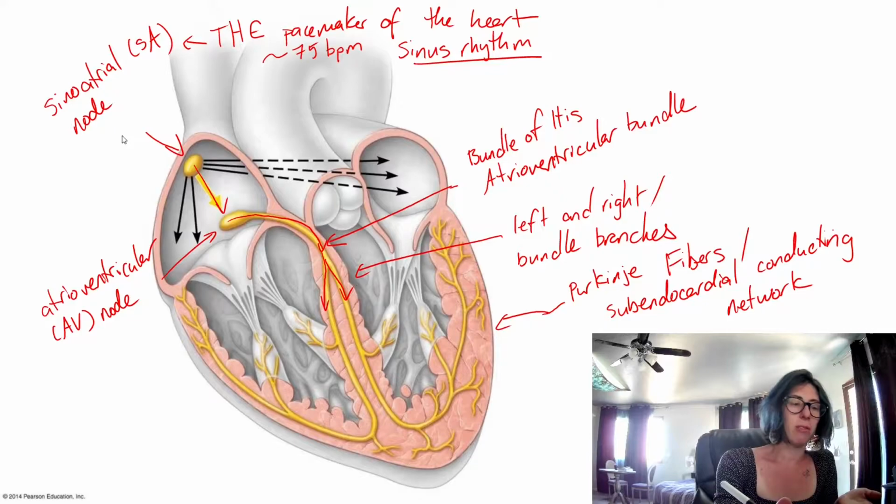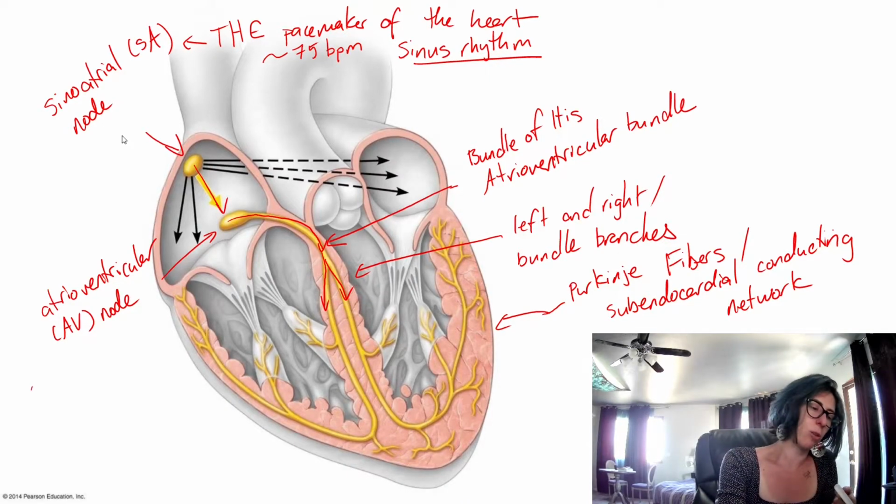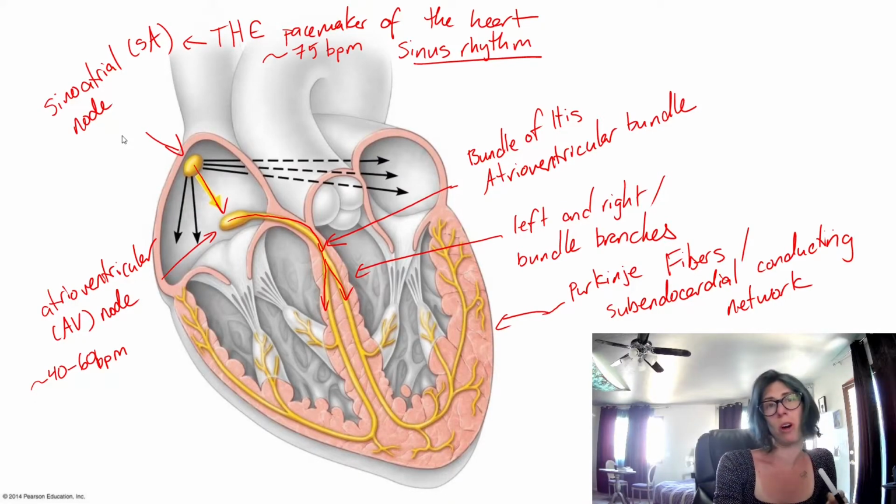Now, if the Sinoatrial node for some reason is damaged and it no longer works, your atrioventricular node will take over as pacemaker of the heart. The thing is, it's slower, around 40 to 60 beats per minute. So you would just have a slower heart rate if that happened.